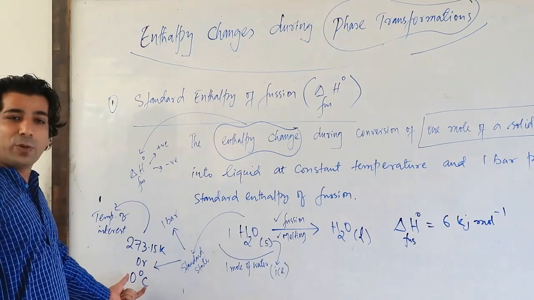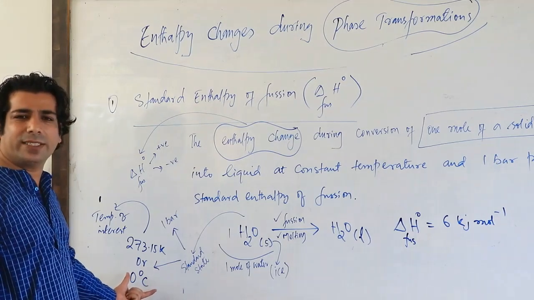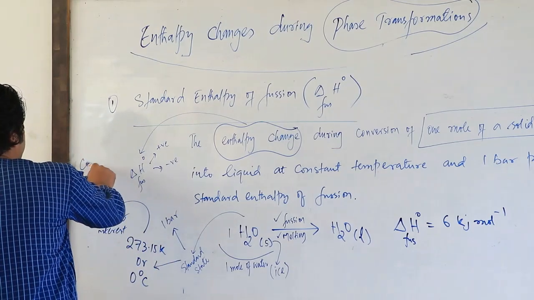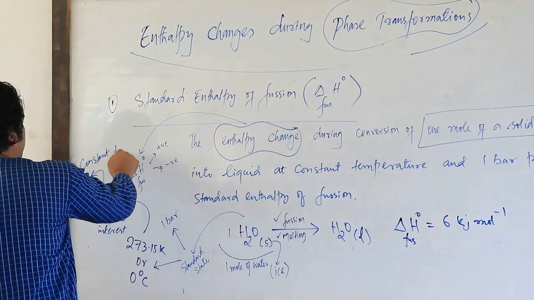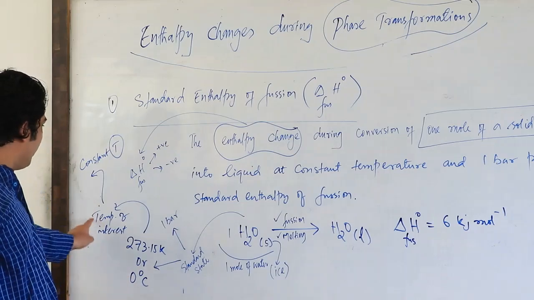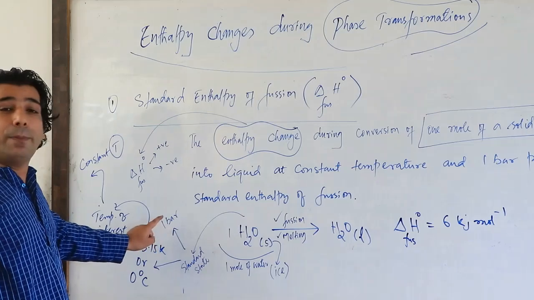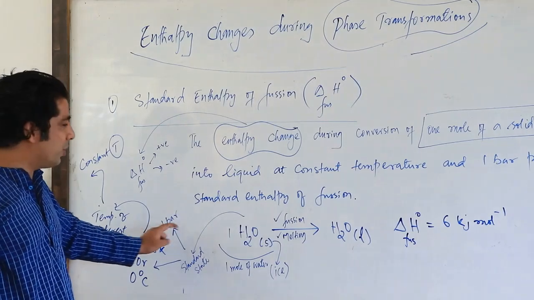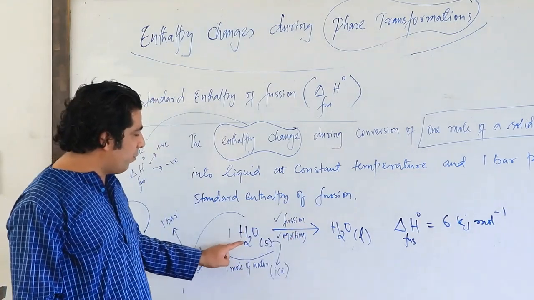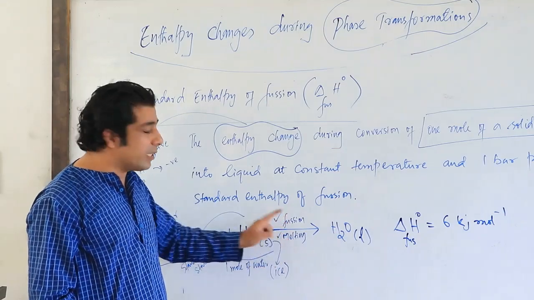And this 0 degrees Celsius we are keeping as a constant temperature. What is the temperature of interest? 0 degrees Celsius. And what is the pressure required here? 1 bar. So this solid water will be converted into liquid water.